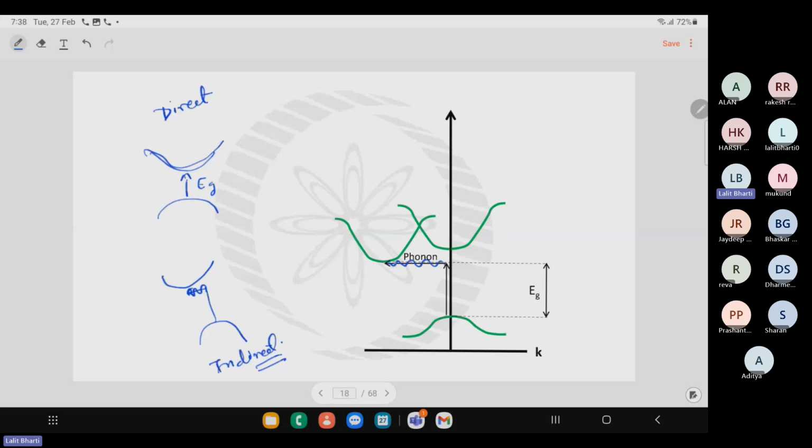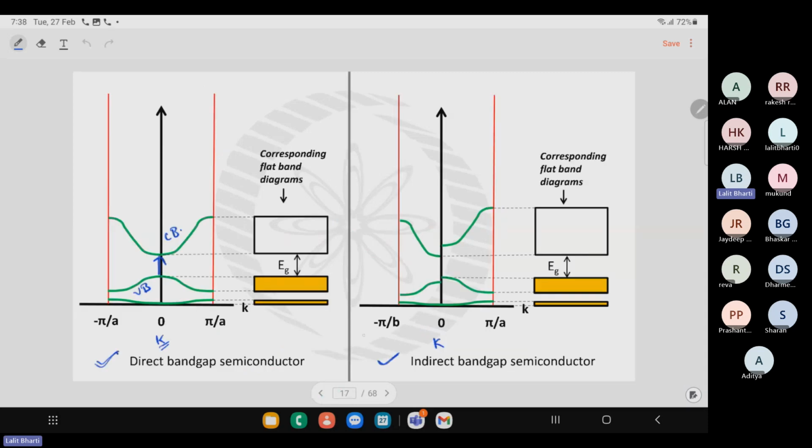Phonons are basically quanta of vibration. Photons are quanta of light, of radiation, and phonons are quanta of vibration. We'll not go into details, but these kinds of transitions take time. That is why direct band gap semiconductors are preferred for solar cells more than indirect band gap semiconductors.